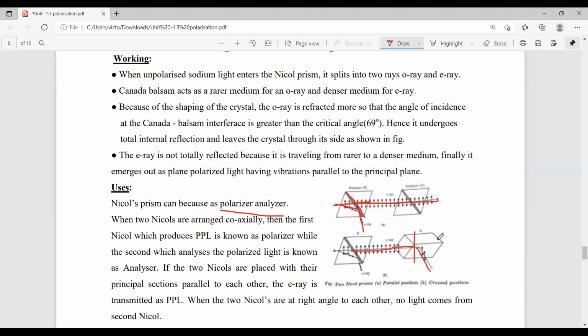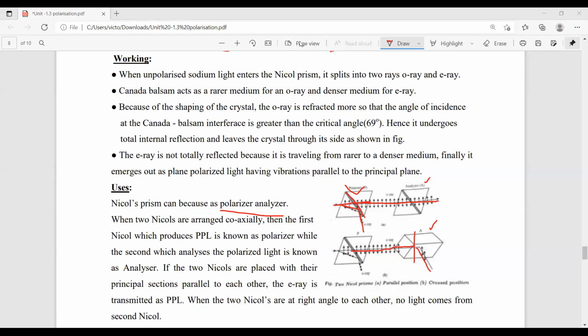That's why the second crystal acts as an analyzer. It is simply used to check whether the light is polarized or not. So the first Nicol prism acts as a polarizer, and the second Nicol prism acts as an analyzer.